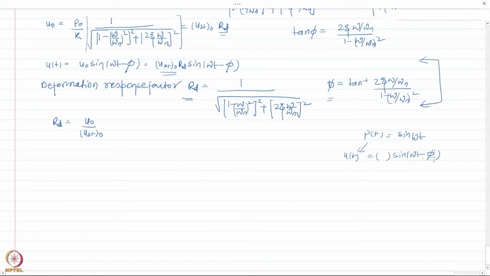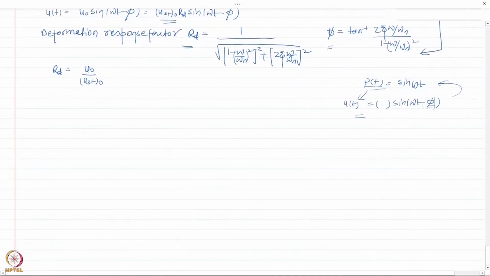And this is the difference by which the response would follow the applied force. It is something like, if you apply the force to the right, whether your response is to the left, and vice versa. So with respect to the applied force, in which direction is the displacement, phi basically gives you information on that.